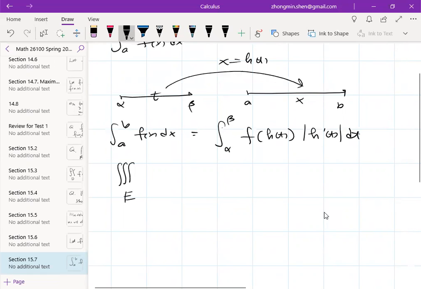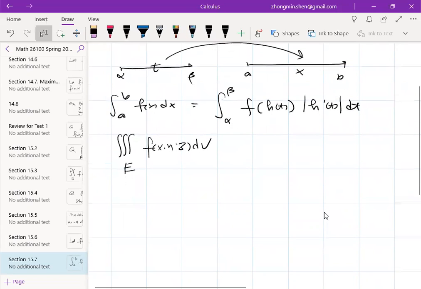So here's the E, and this is a function f of x, y, z. Let's consider that either E is very bad or f is very complicated. So we're going to modify it to another domain.